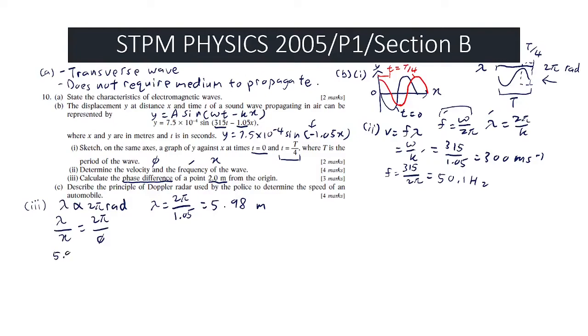This is 2.0, 2 pi, and this is 5.98. And I get 2.10 radians.